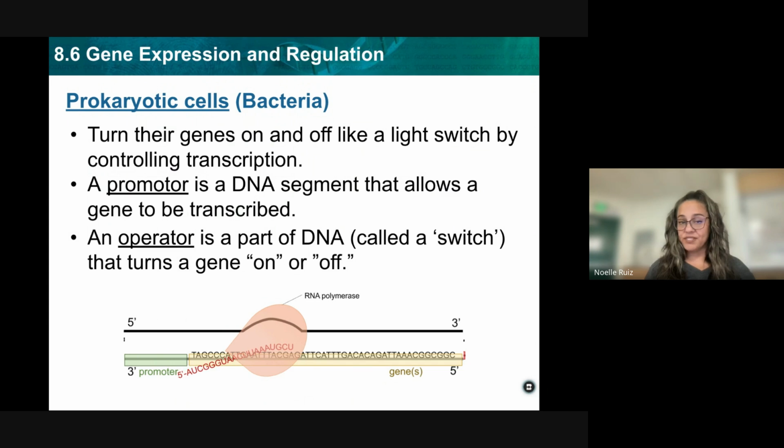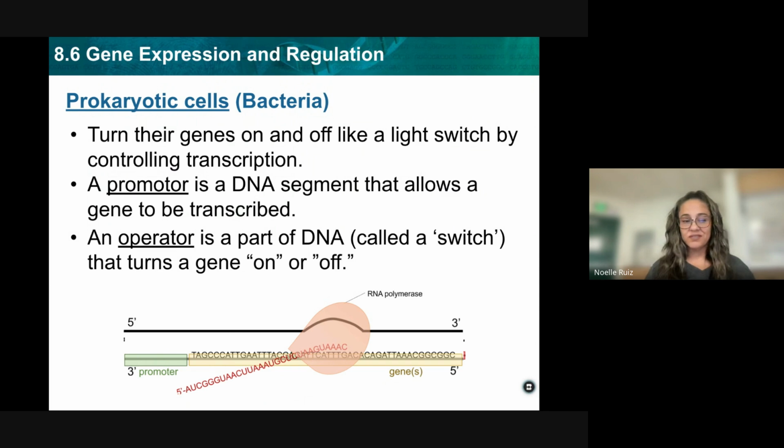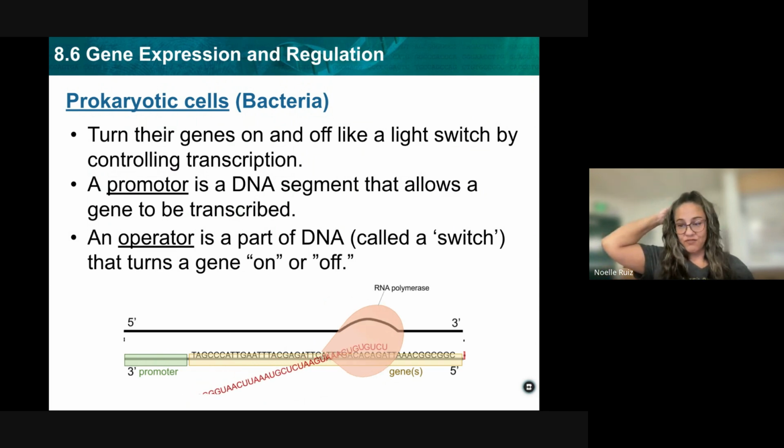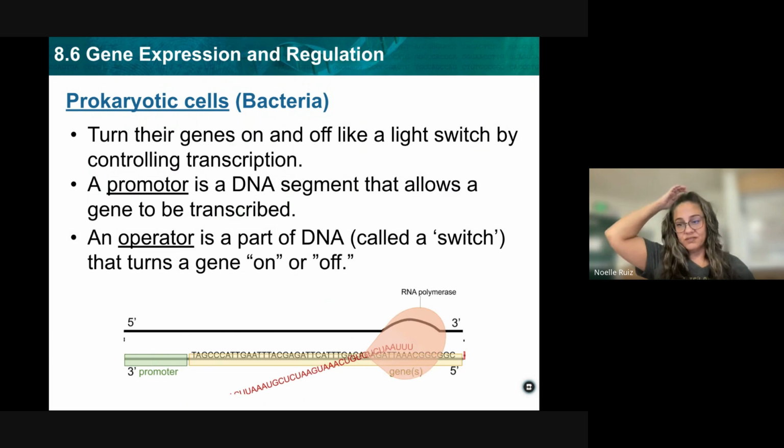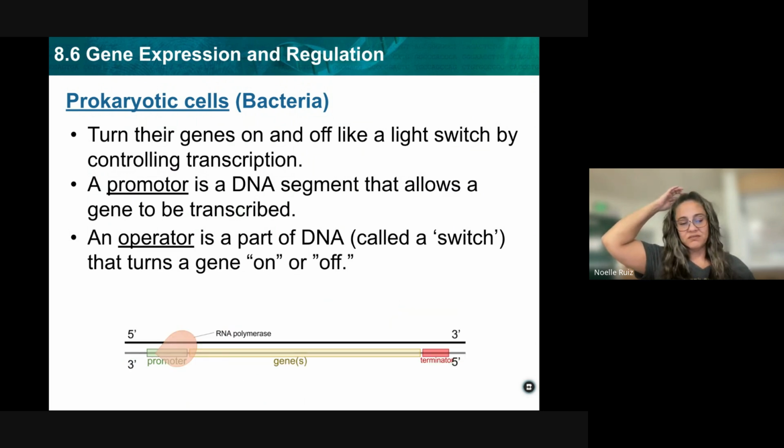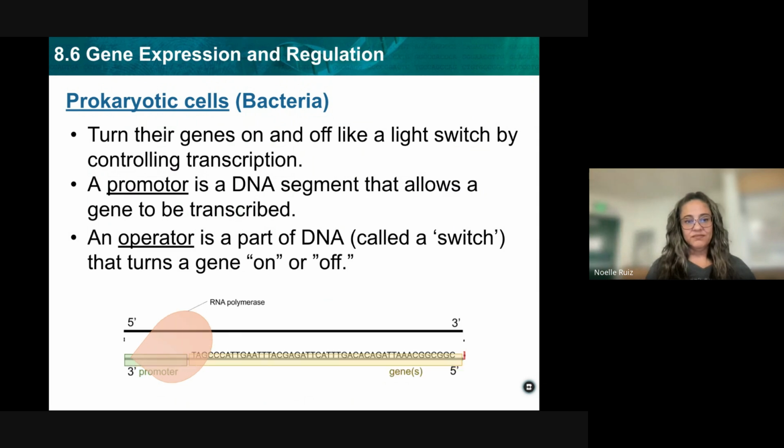And then an operator is the part of DNA that's the actual switch that turns the gene on or off. Promoter is the start, like the start button. So in the picture, you can see just that piece of DNA at the beginning is the promoter.